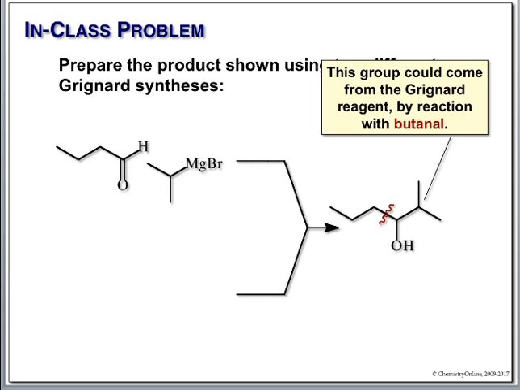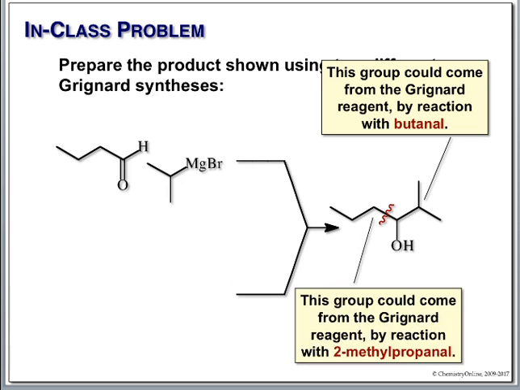And we've simply added a 1, 2, 3 carbon chunk. So that's a propyl magnesium bromide. Two-methyl propanal, propyl magnesium bromide, and they should look like that.